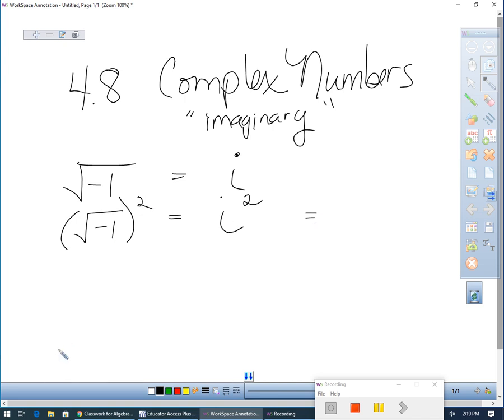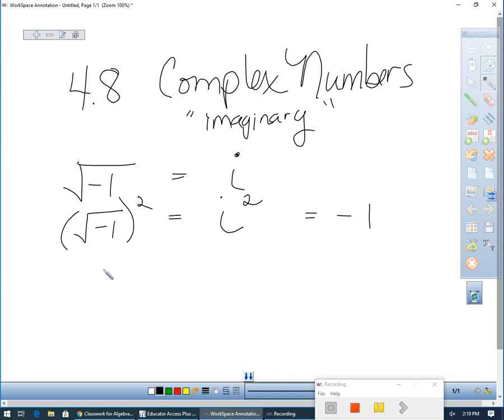Remember your square root and your squared cancel each other, so this equals -1. These two we're going to use the most today.